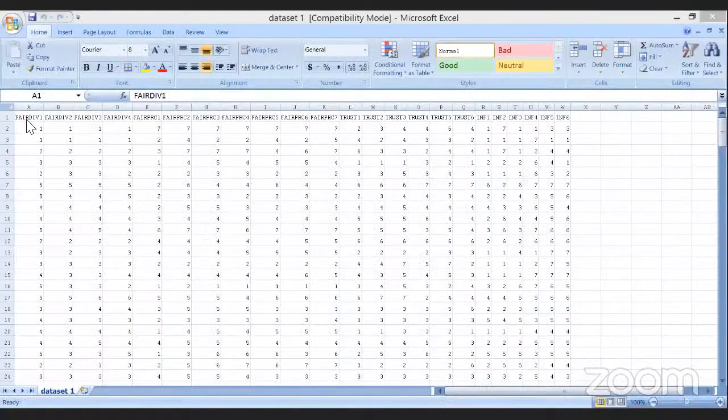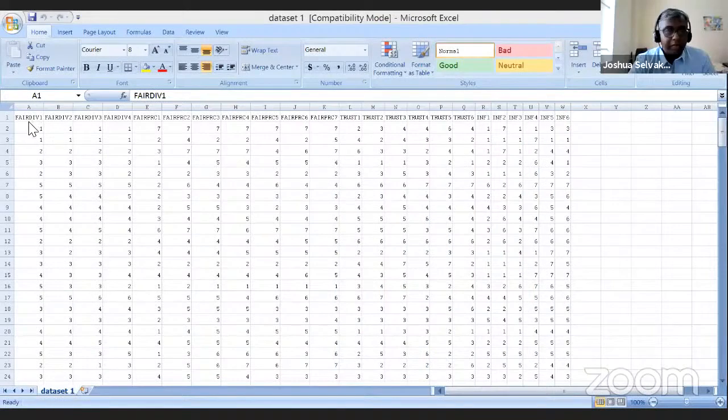So these are some of the variables we have here. See, fair division, fair div 2, fair div 3, fair div 4. These are all variables giving us information about a construct called fair division.